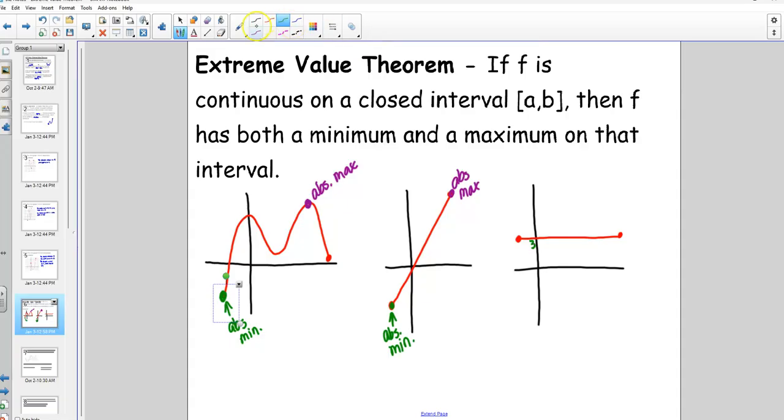So this would be a weird scenario, but every point is an absolute max and absolute min.